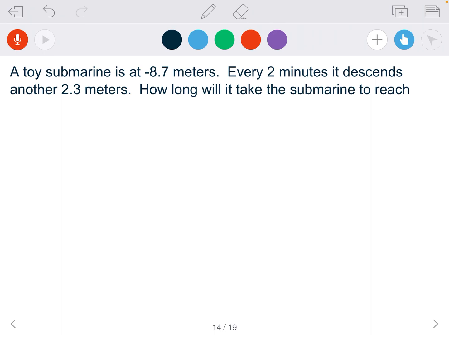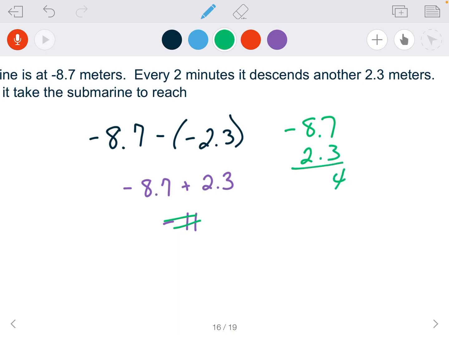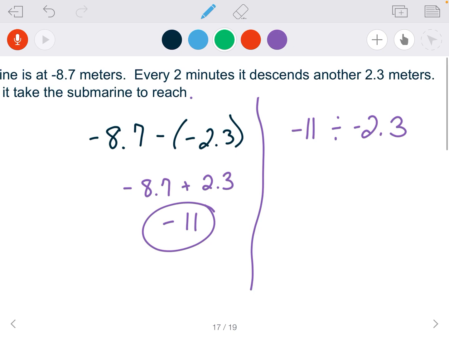So what you first want to do is you're going to take whatever they have, the -8.7 minus your 2.3, which really turns the negative to plus. -8.7 and 2.3, you get -6.4.